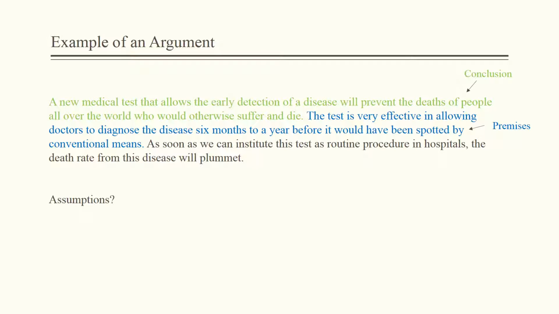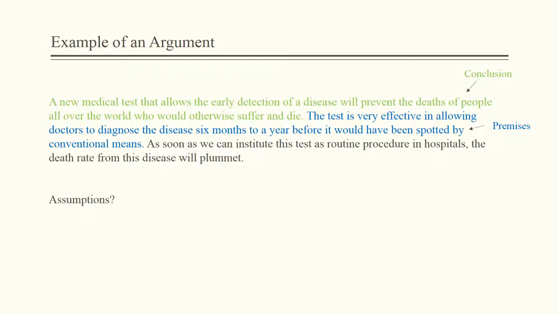Let's take a look at an example of an argument and how to identify different parts of the argument and how to come up with assumptions. So here's an announcement made by the International Health Foundation. A new medical test that allows the early detection of a disease will prevent the deaths of people all over the world who would otherwise suffer and die.